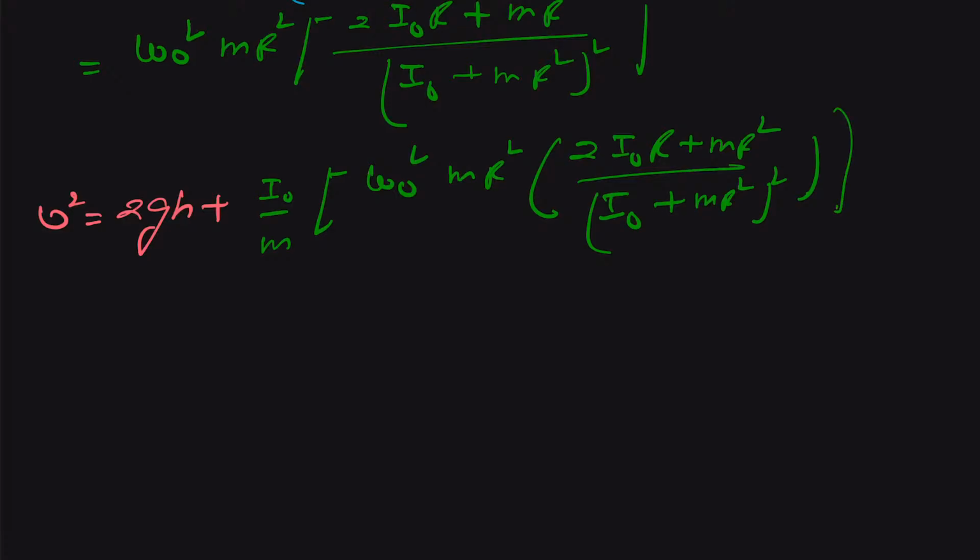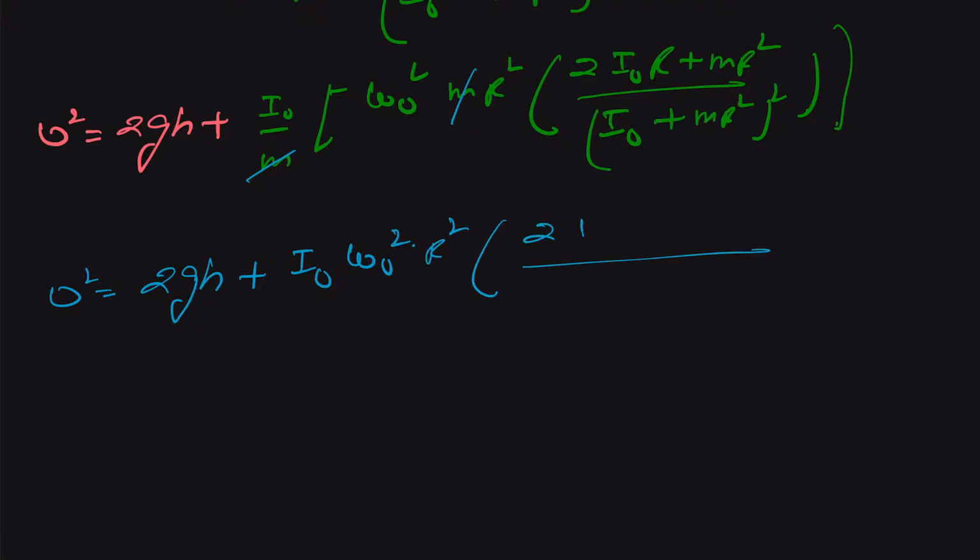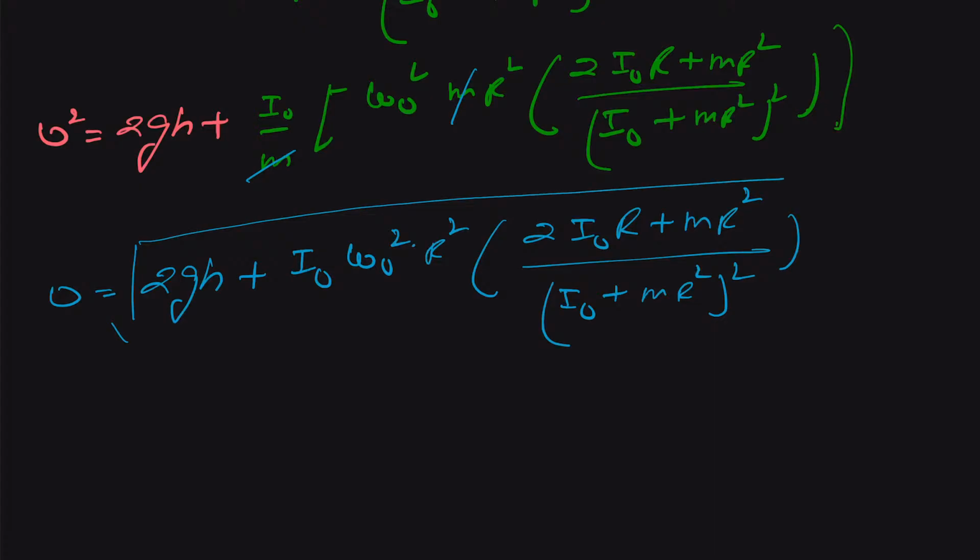Here m and m cancel out, so we get v square equal to 2gh plus I naught omega naught square r square multiplied by twice I naught plus m r square over I naught plus m r square whole square, and we can just remove the square from here and take the square root. So this is the velocity of the block at the bottom.